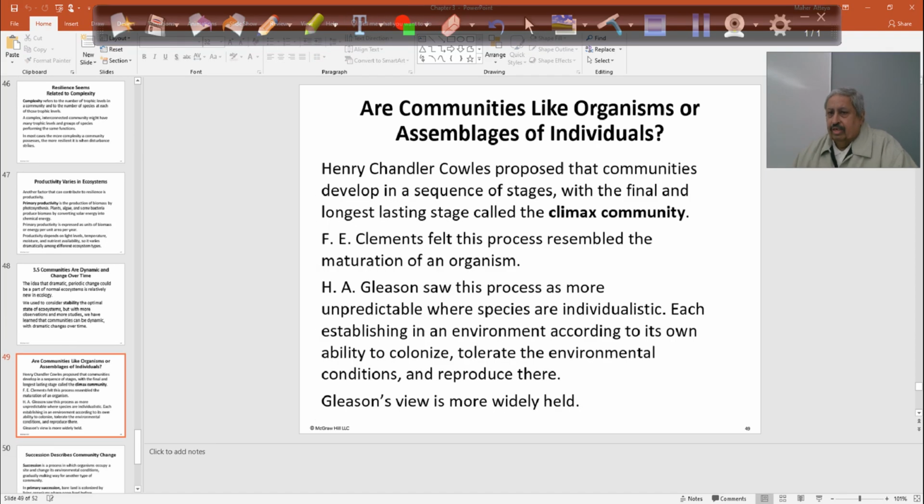Are communities like organisms or assemblages of individuals? Well, there is a paper by Henry Clements, and there is another paper by Gleason.